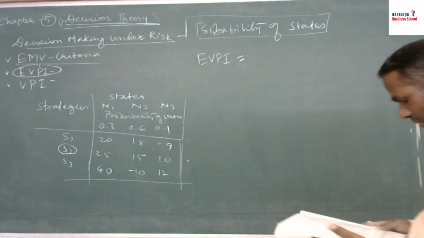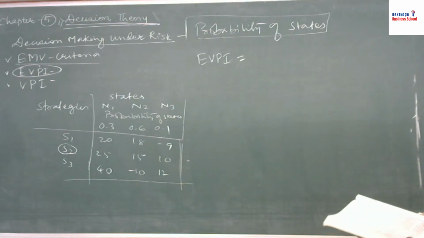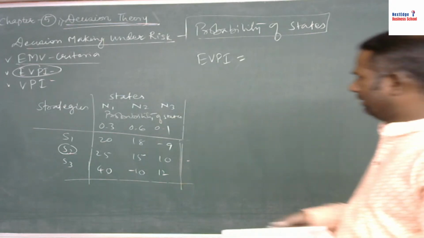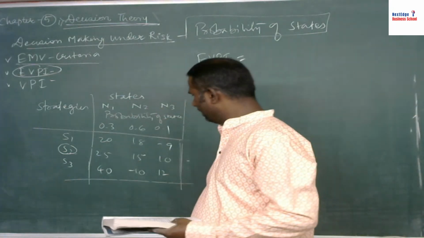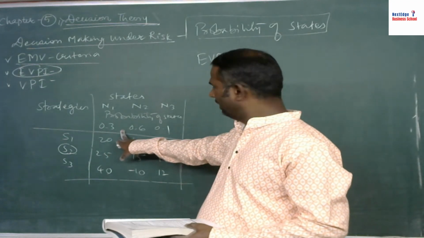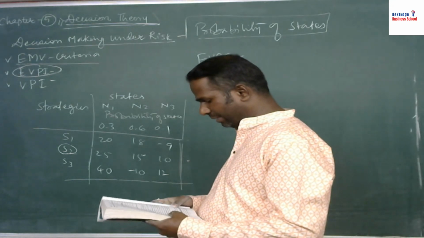So in this case, what we have to do is, the maximum element in the given column needs to be multiplied with the probability of states. And then you will understand how it can be calculated.